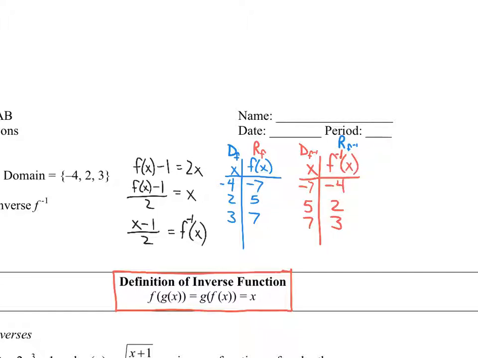So, just to illustrate with a picture here, if I have x, and I do this to get to f of x, and then I take g of f of x, that should take me right back where I started. Okay? So again, this is just a review of things we learned a long time ago with inverse functions.